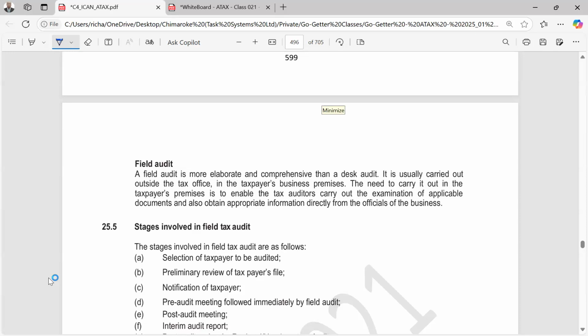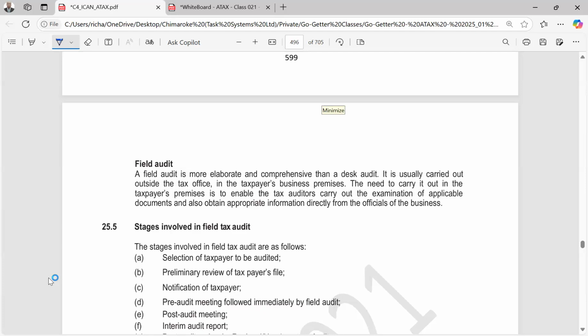Now, field audit is when the tax officers leave their desk and carry the audit to the office of the taxpayer. So it is called field. So your office becomes their field. And so they need to carry out audits in the premises to enable them carry out their examination properly.